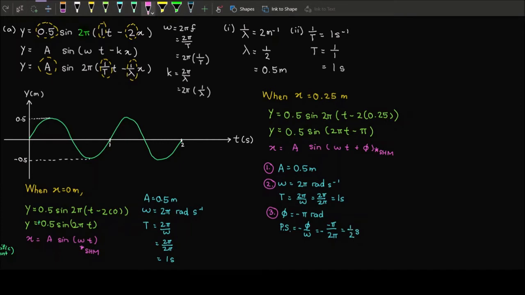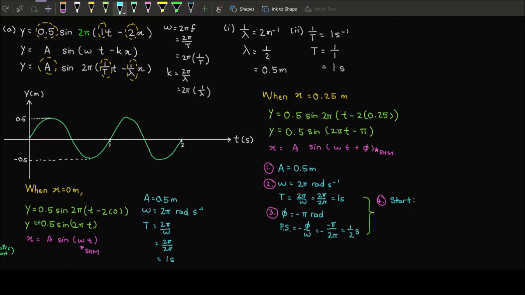The last step is I combine these two values that I found, the period and the phase shift. That's the fourth step. I combine them to find the start and the end of my sketch.